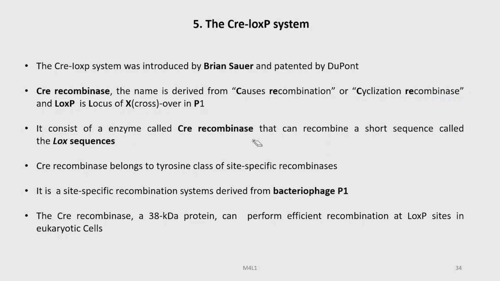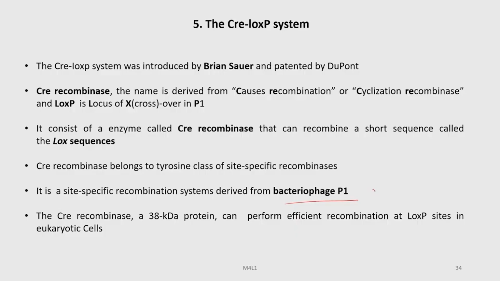LOX sequences. The Cre recombinase belongs to the tyrosine class of site-specific recombinases, about which we have discussed in detail in earlier lectures, but here also we will do some brief discussion. It is a site-specific recombination system derived from the bacteriophage P1.